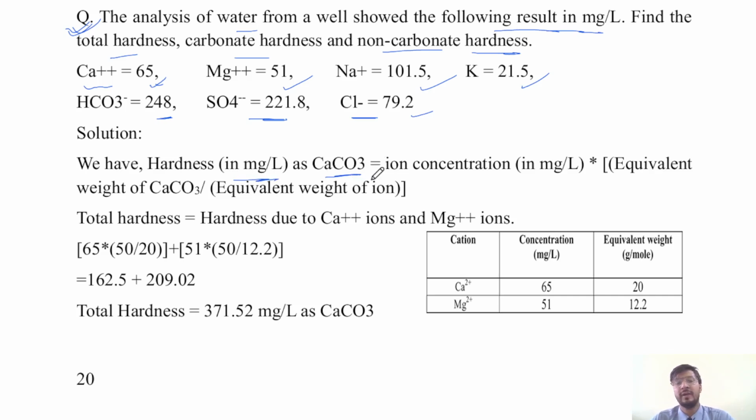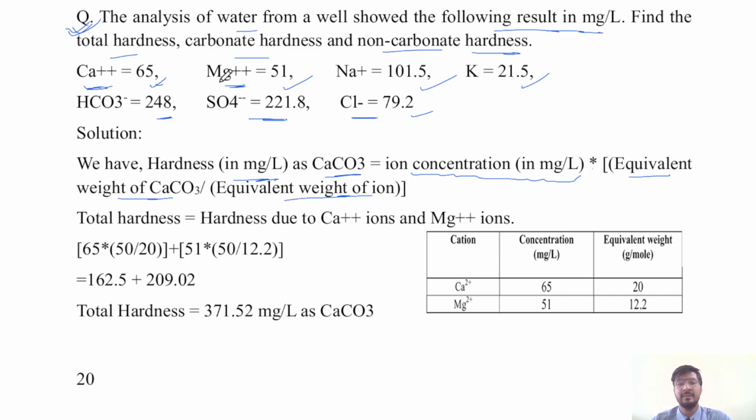We have hardness in milligram per liter as CaCO3. The formula for total hardness as CaCO3 is equal to ion concentration in milligram per liter times equivalent weight of CaCO3 divided by equivalent weight of ion. The question gives us the ion concentrations, that is Ca++ ion and Mg++ ion.